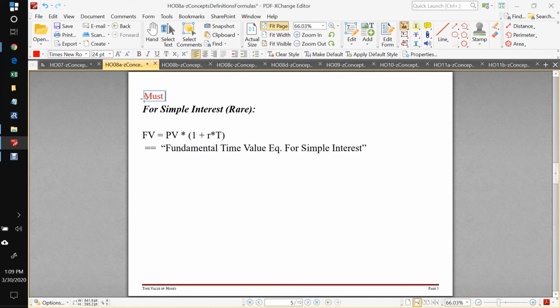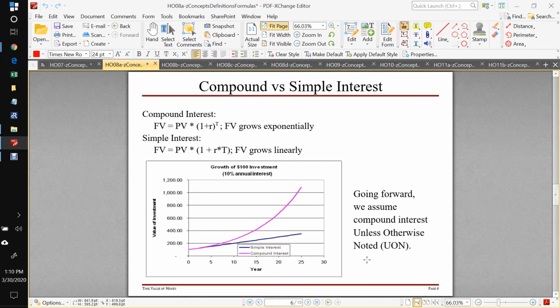Okay, so that has always assumed compound interest unless it's specifically called out that it's simple interest. Okay, we looked graphically at some of the differences between compound interest clearly growing exponentially, and simple interest grows linearly.